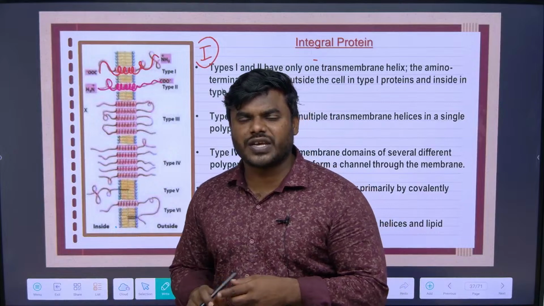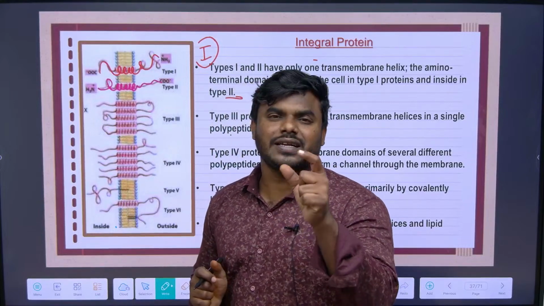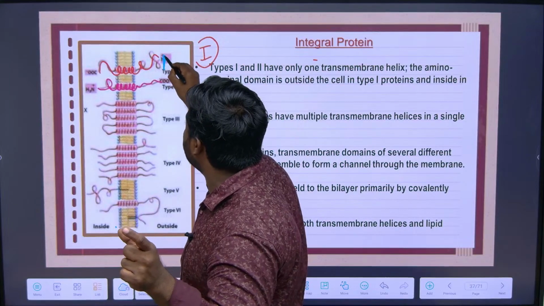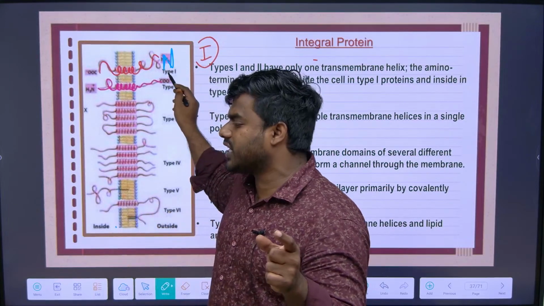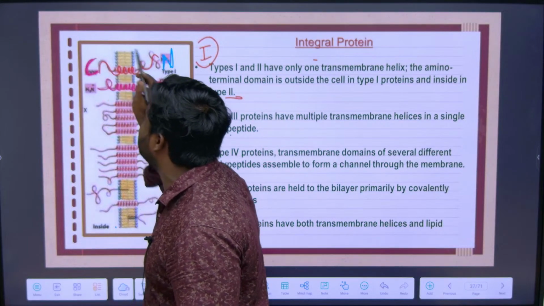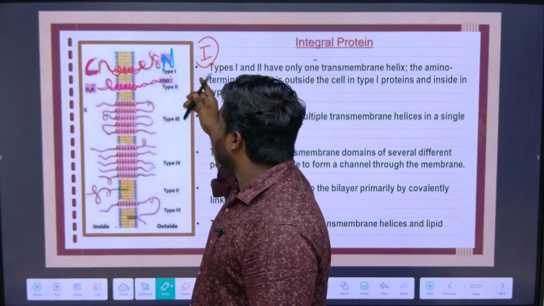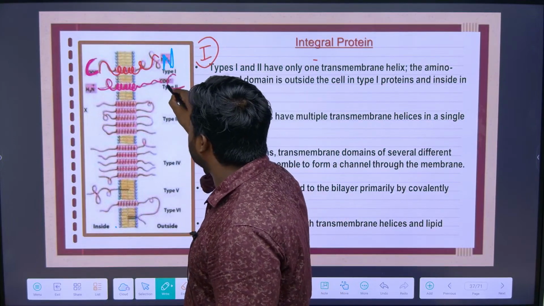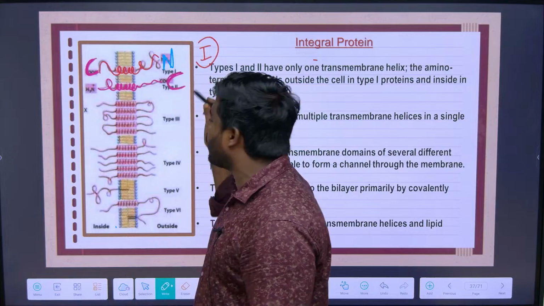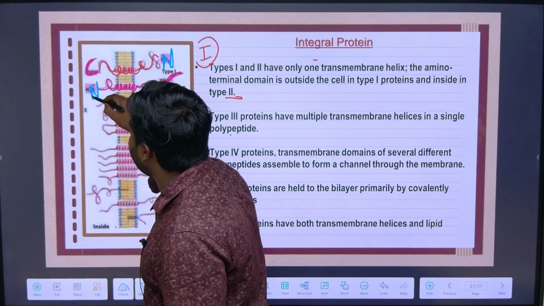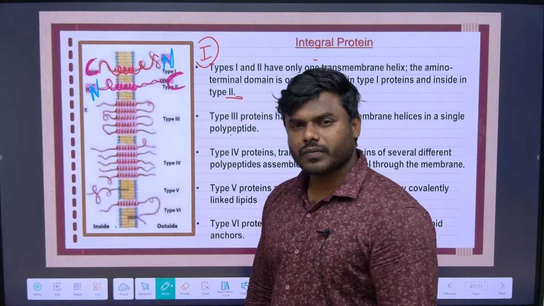That's a very good question. If you observe the type 1 integral membrane protein, every student focus, the N-terminal domain is located outside, the C-terminal domain located inside. Friends, but when you observe the type 2 integral membrane protein, the C-terminal domain is located outside, the N-terminal domain located inside.